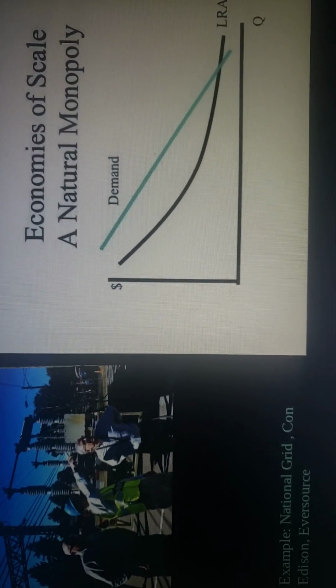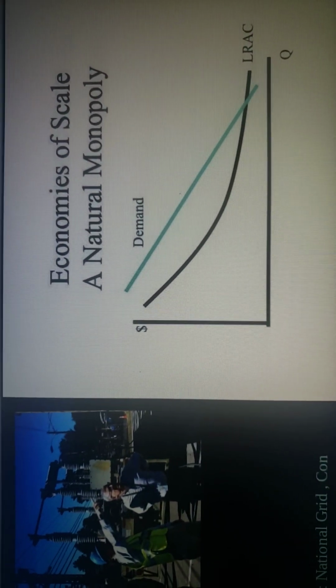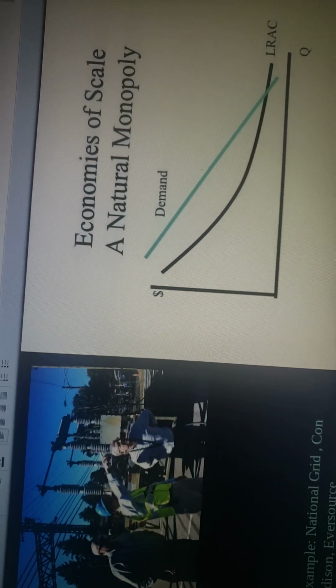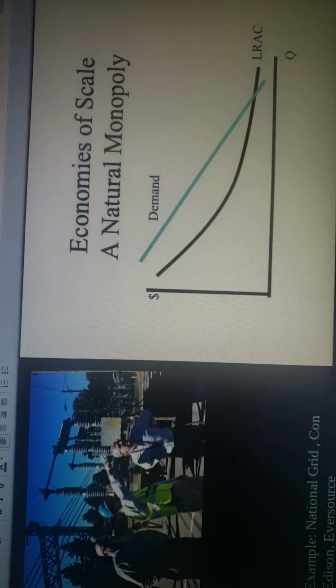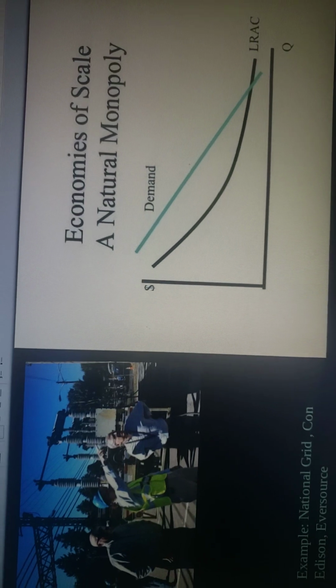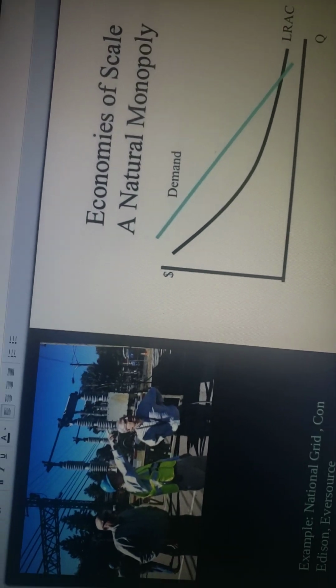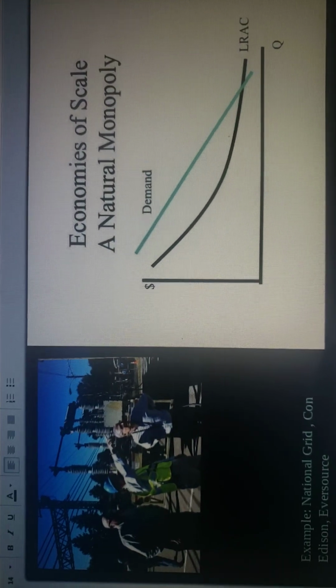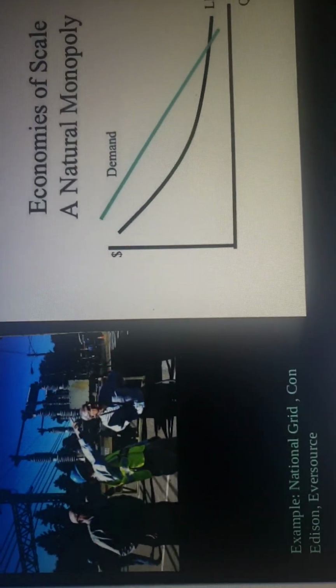In this case, positive profits can exist, but entrants cannot enter to capture some of these profits because sharing the market means they have to enter at a smaller scale of operation and thus face higher average costs. The transmission of electricity, again, as we picture here, is one of the examples.